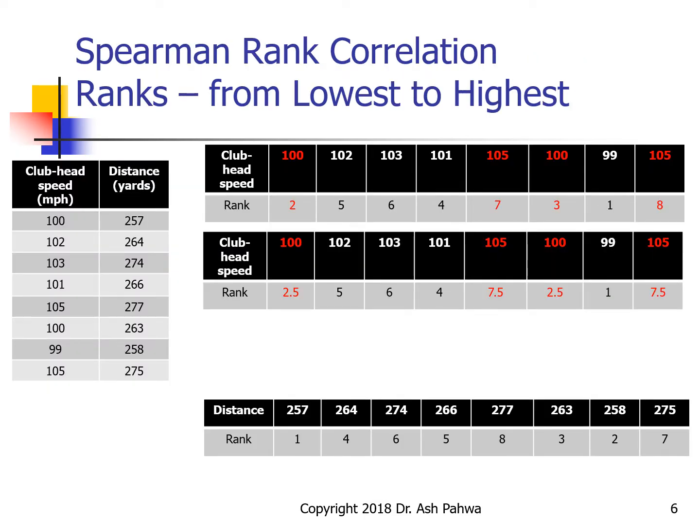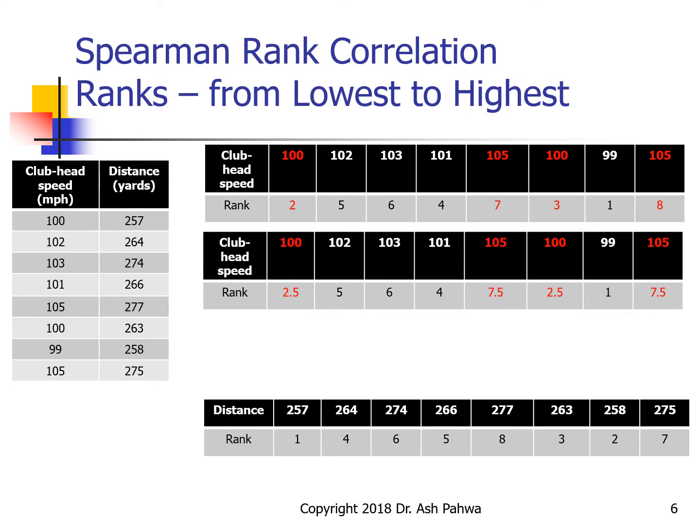So now let us look into the Spearman's rank correlation. We have the same data as we saw in the previous slide while computing the Pearson's correlation. Here we have two variables, club head speed and the distance. Now let us look into the club head speed and rank these numbers. We can rank them from lower to higher or higher to lower.